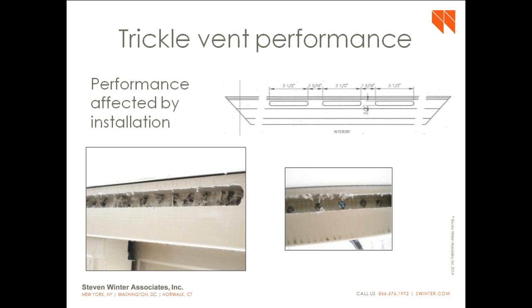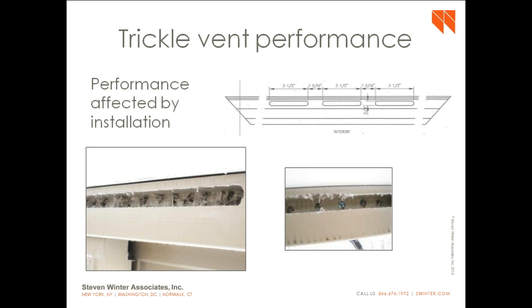So in case you don't know much about trickle vents, many of them actually come in two parts. They have an inside part and an outside part. The outside part is more like a rain hood and a screen, and the inside part is a little operable vent that you can open and close. And the outside hood goes on the outside of the window frame, and the inside goes on the inside of the window frame. And the trickle vent manufacturer sends this assembly to the window manufacturer, and the window manufacturer cuts a hole through the window frame and attaches the two parts of the trickle vent to the inside and outside.